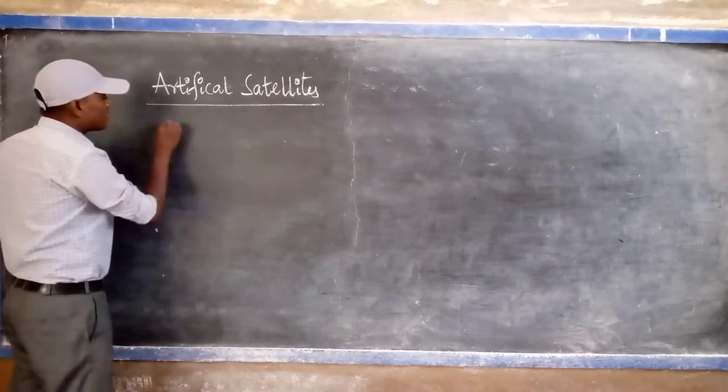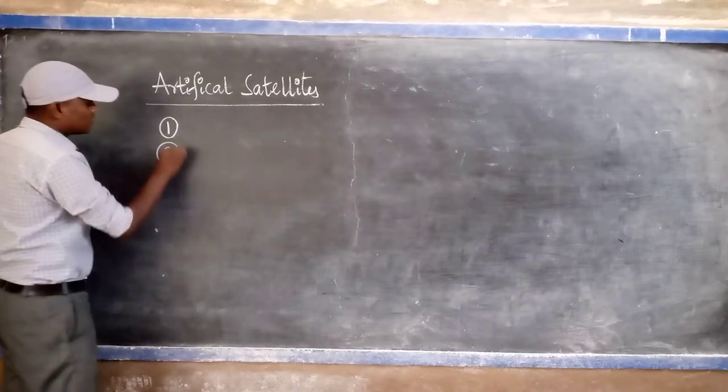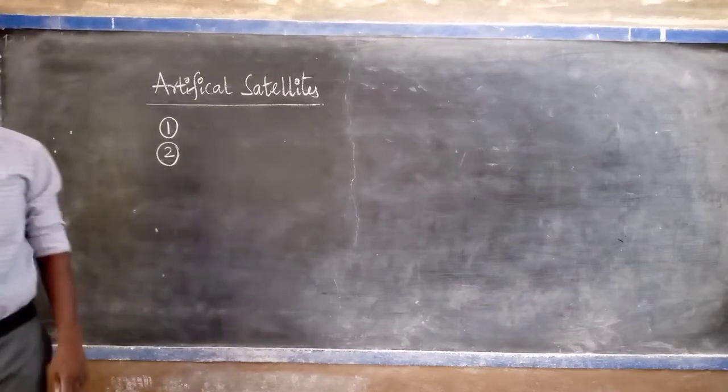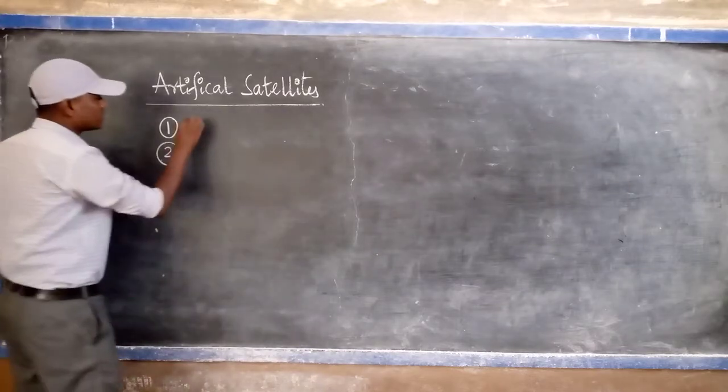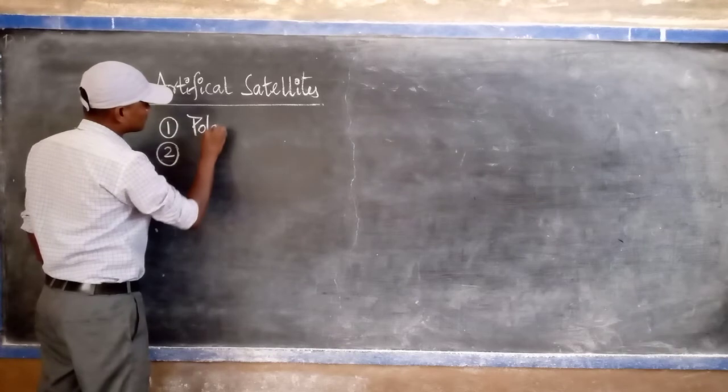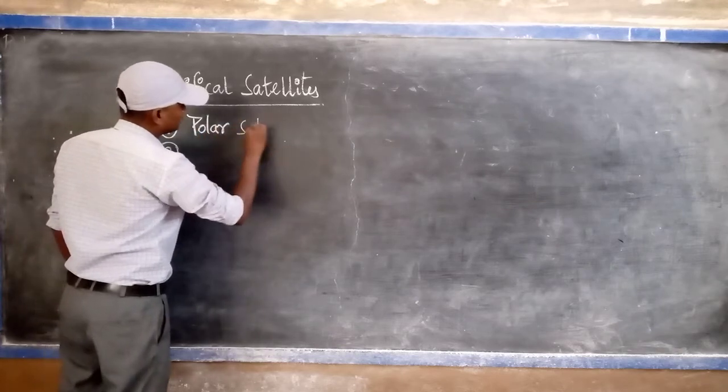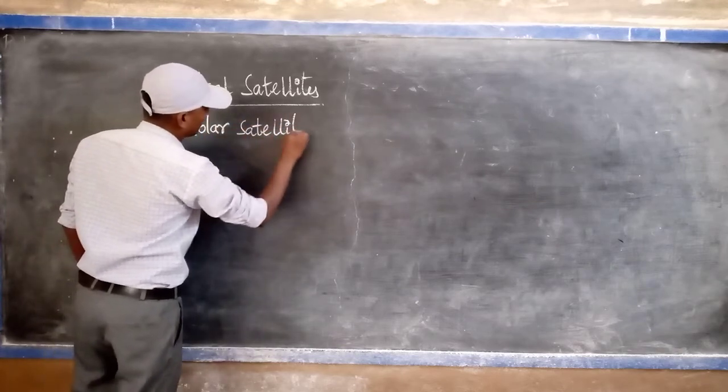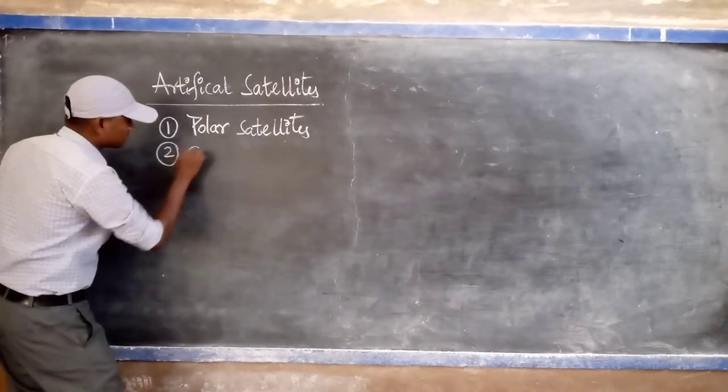Okay, how many artificial satellites are there? Artificial satellites are of two types. The first one is polar satellites.